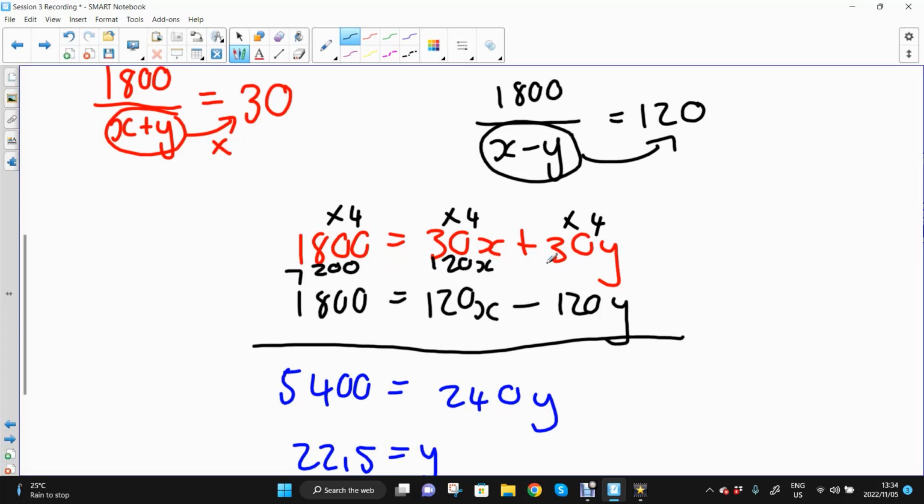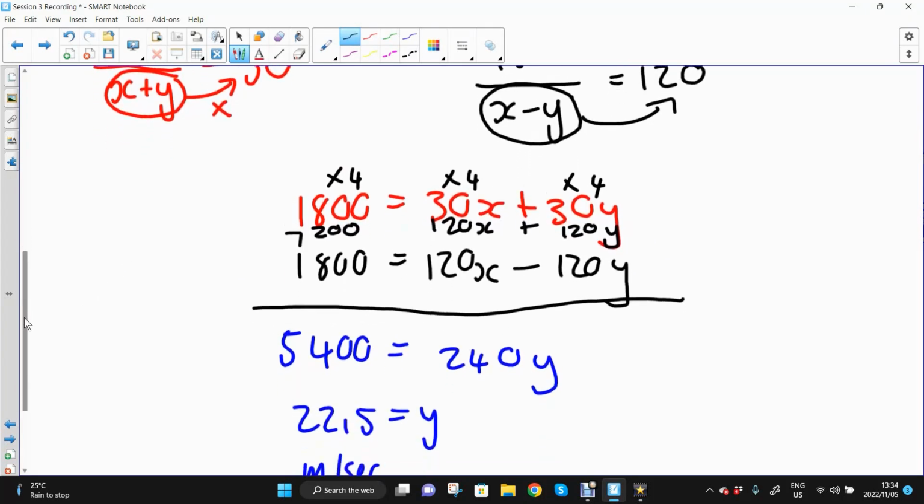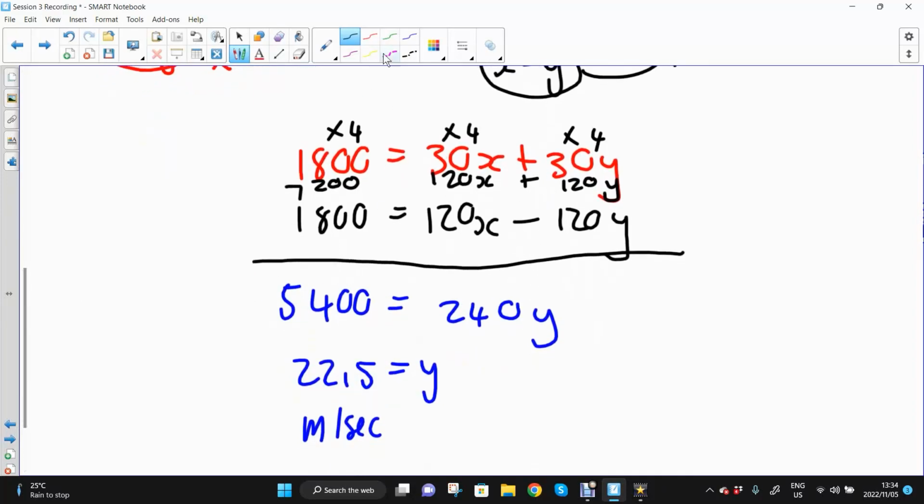I know that that's 120x, and then here I get another 120y. Right, now I need to subtract. So I'm going to subtract the bottom equation. So 7,200 minus 1,800 gives me 5,400.